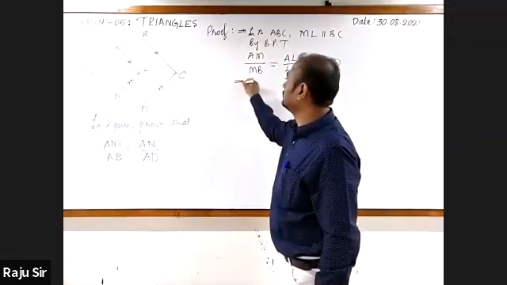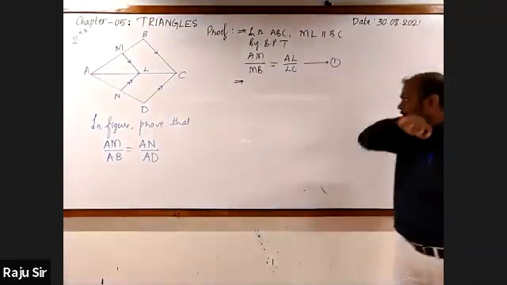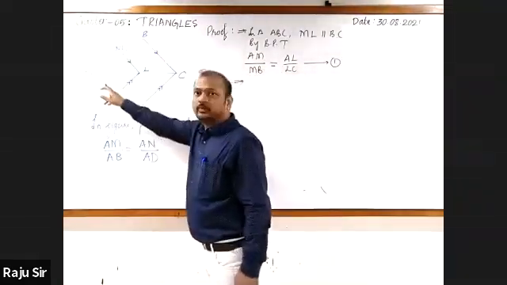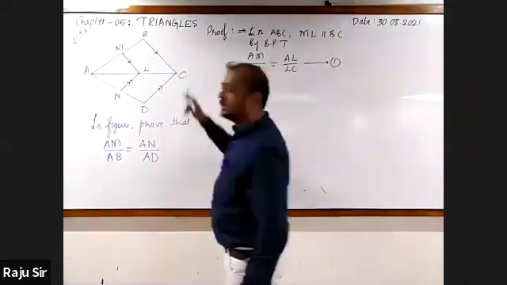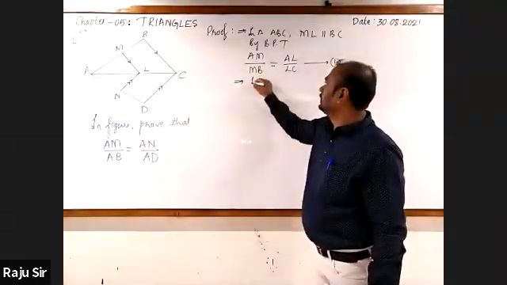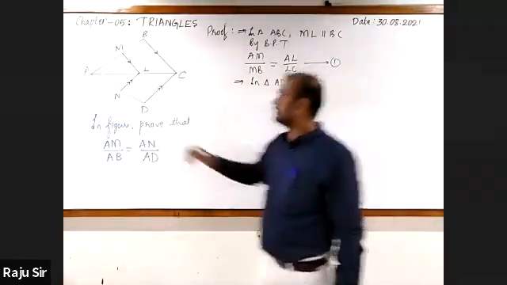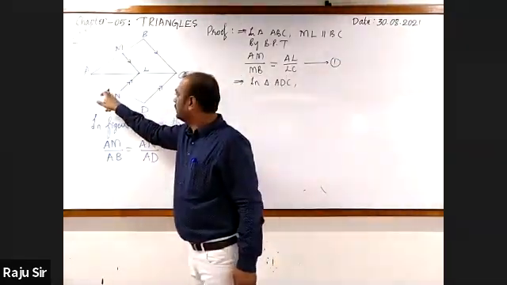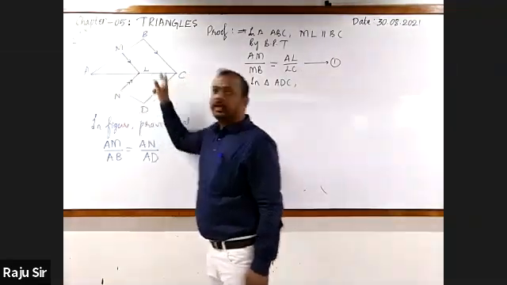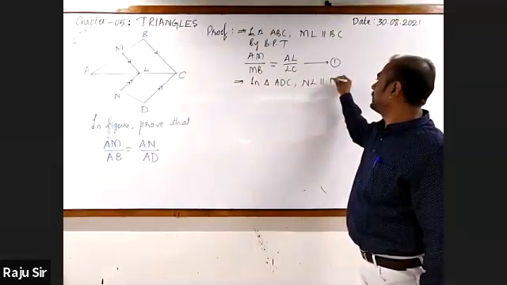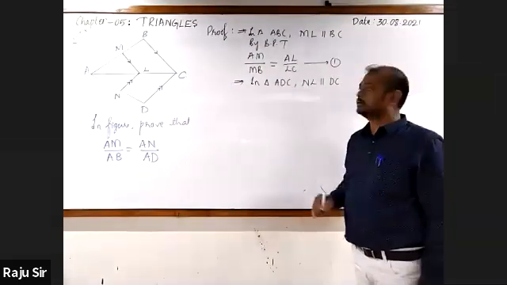Next. Which triangle? ADC. Right. In triangle ADC, NL parallel to DC.